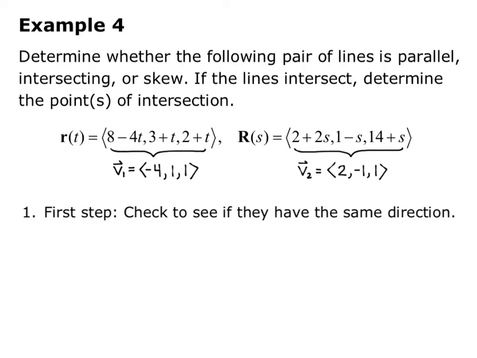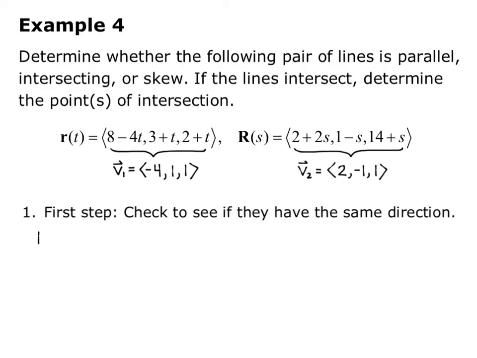So now our first step, check to see if they have the same direction. The way we're going to do that is by seeing if the direction vectors are scalar multiples of each other. I can look at v1 and v2 and see that there's no number that I could multiply v1 by in order to get v2. If I tried to multiply negative 4 by a negative 1/2 in order to get the 2, then that would not coincide with changing from the y value in v1 to the y value in v2.